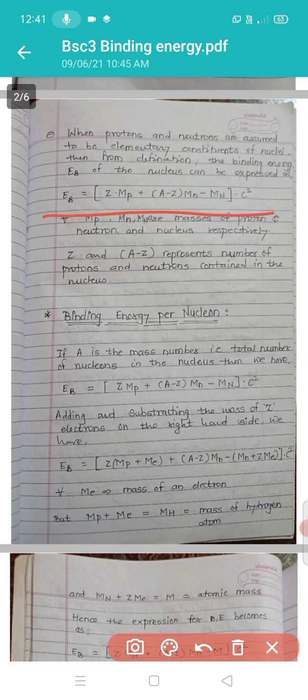Then we have to know the binding energy per nucleon.